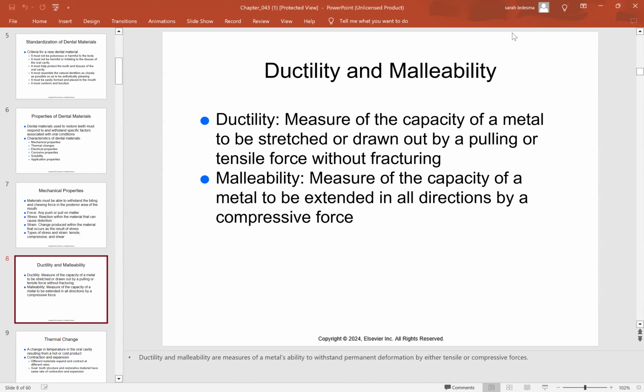Ductility and malleability. Ductility is the measure of the capacity of a metal to be stretched or drawn out by pulling or tensile force without it breaking or fracturing. Malleability is a measure of the capacity of a metal to be extended in all directions by that compressive force.